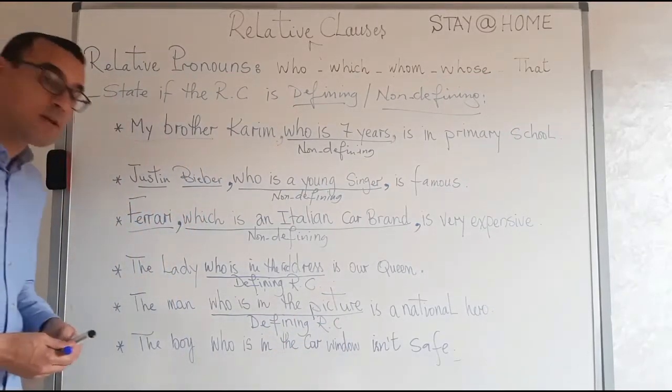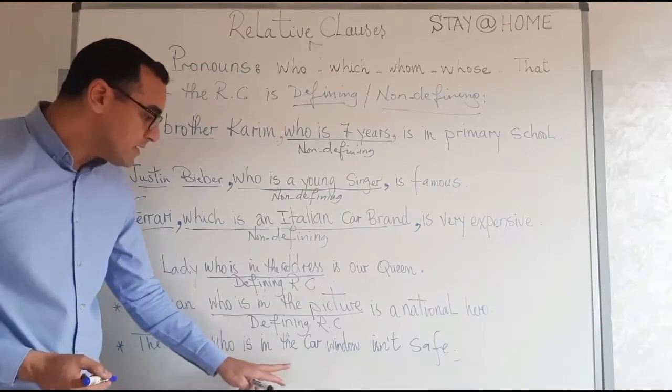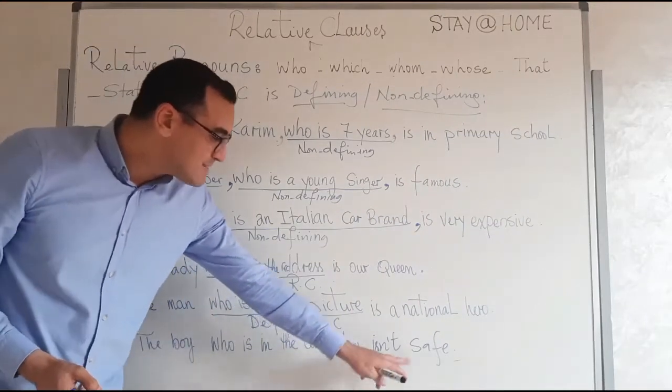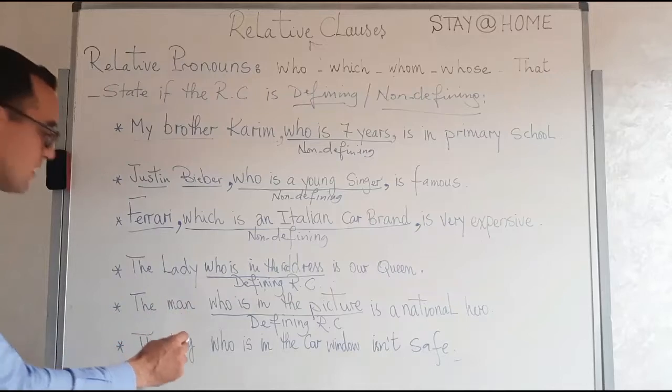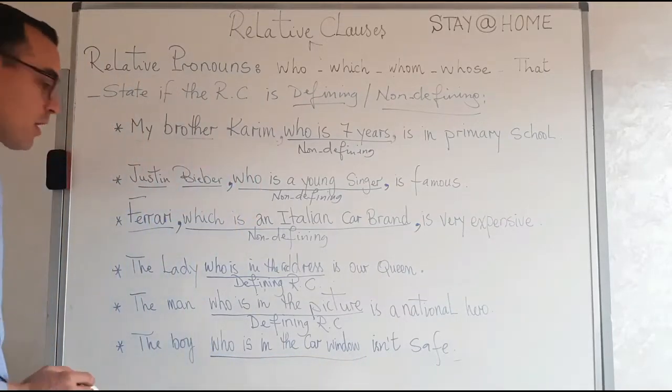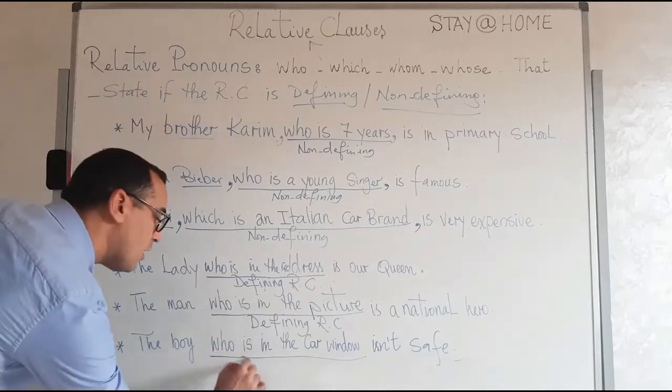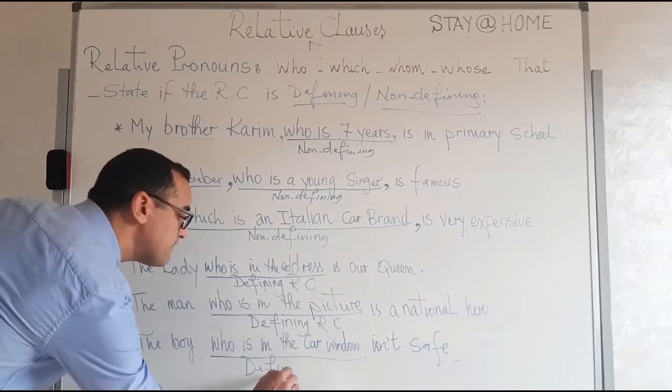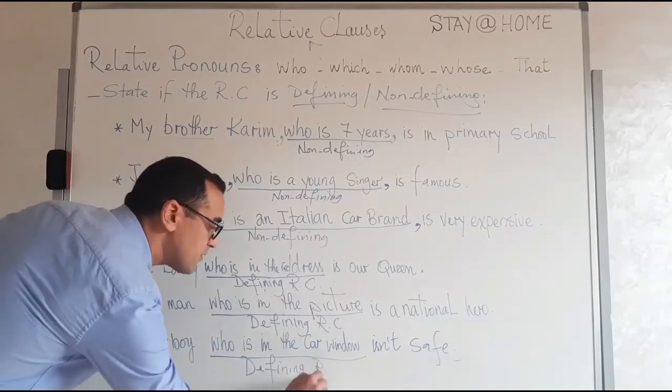The last sentence here is the boy who is in the car window isn't safe. The relative clause that we have here is who is in the car window. And as you can see here, it is also defining. It's a defining relative clause.